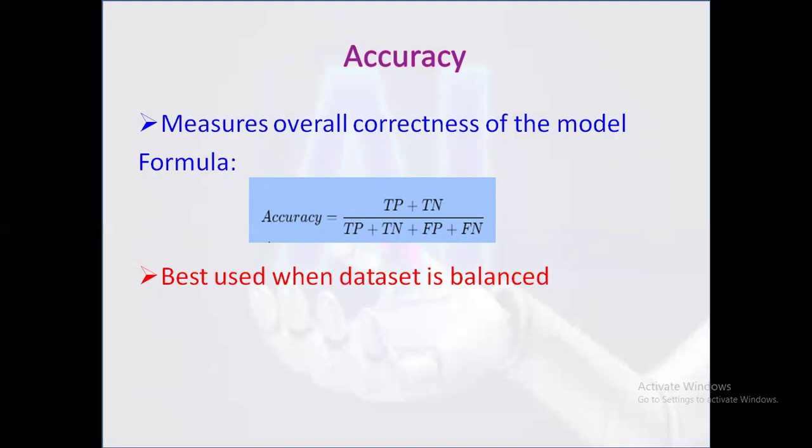However, in imbalanced data sets, accuracy can be misleading because a model may predict the majority class most of the time and still achieve high accuracy. Accuracy is given by true positive plus true negative divided by true positive plus true negative plus false positive plus false negative, and is best suited when the data set is balanced.